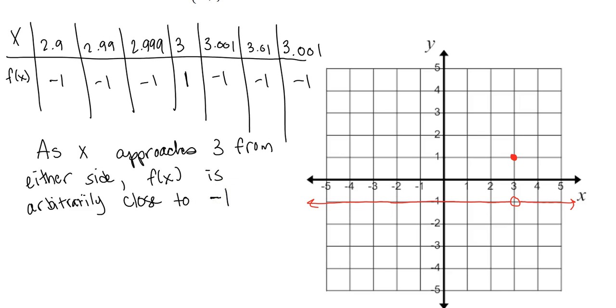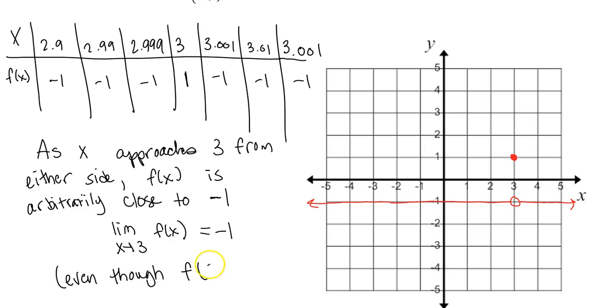The value of a limit is always the y value. So the limit here, as x approaches 3 of f of x, is actually equal to -1, even though f of 3 is actually equal to 1.